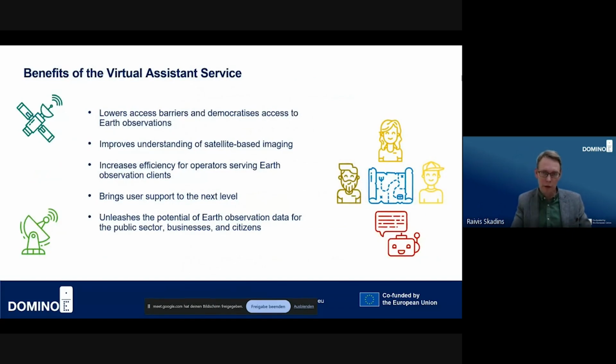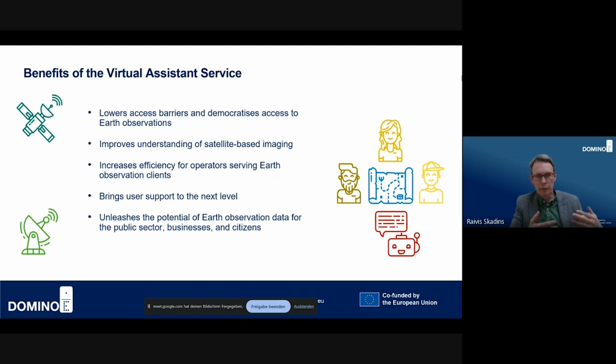And please, let's go to the third slide. Then I would like to go up to another level of benefits. If you look at the benefits from a business perspective, virtual assistants allow us to lower access barriers for end users.